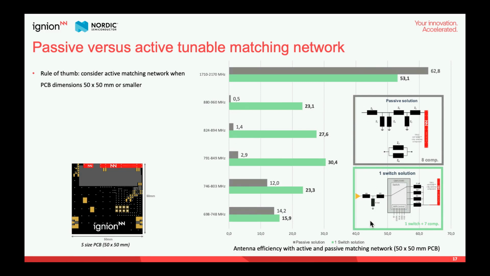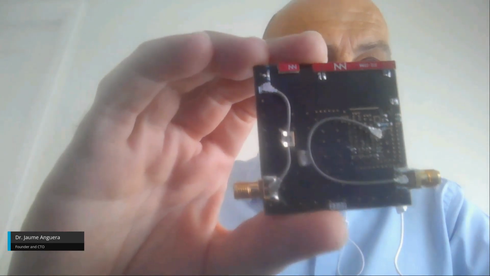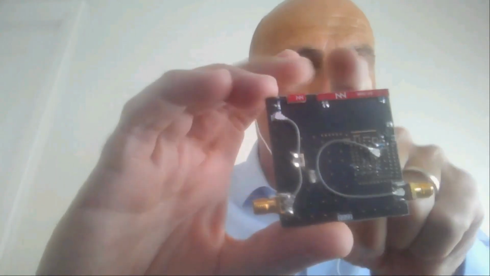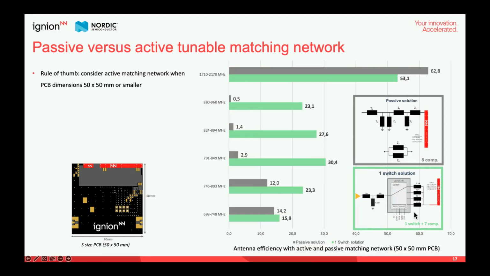Here is a real example, engaged with a Nordic transceiver, and the PCB is 50 by 50, with one of the Trio MX10 virtual antenna, and it has a Qorvo switch that is monitored by the Nordic nRF9160 just to set a particular state of this switch to match at the frequency band we want to operate.